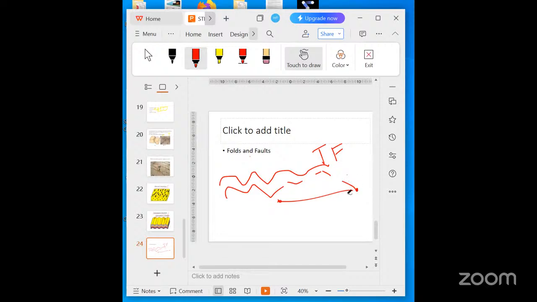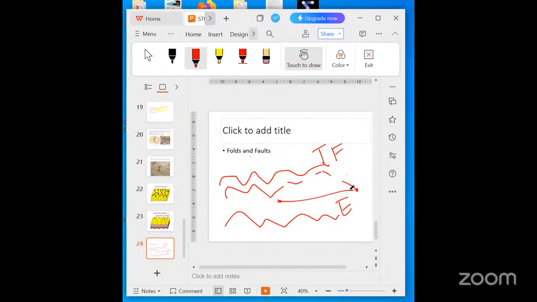So we can define a fold as a wave-like undulation, wherein the bending or arching of the rock layers takes place due to forces of the Earth. Folding is a common form of deformation displayed in layered rock.